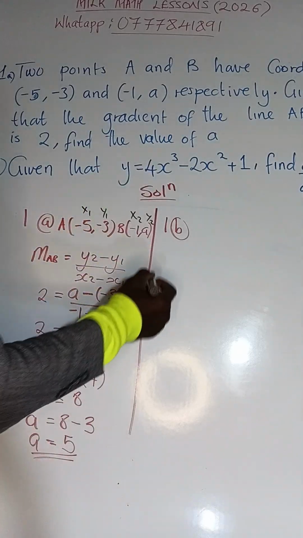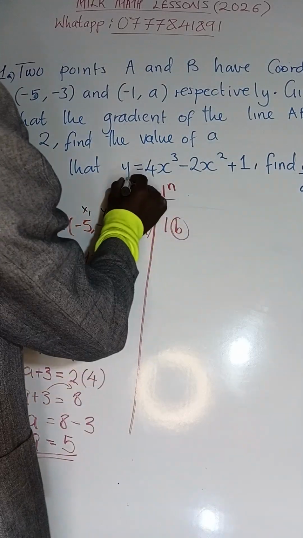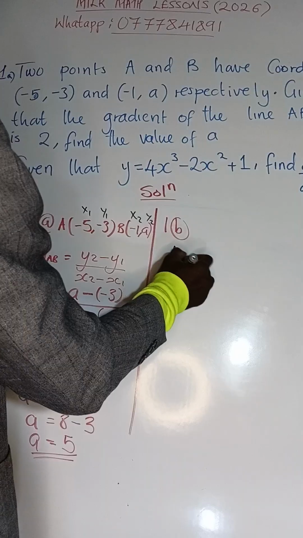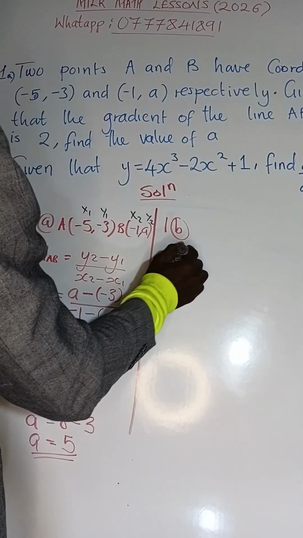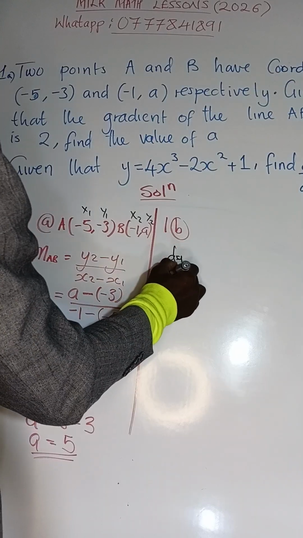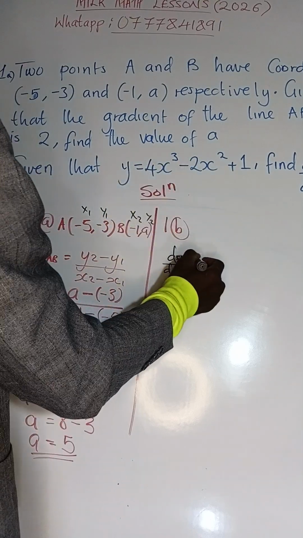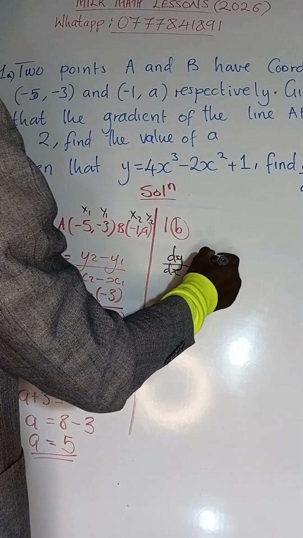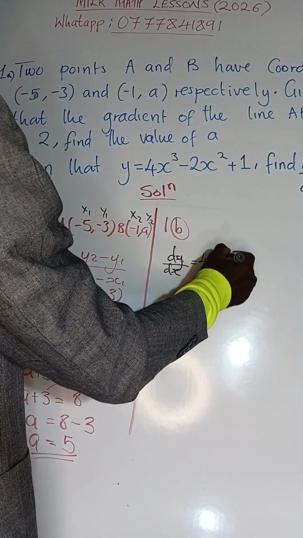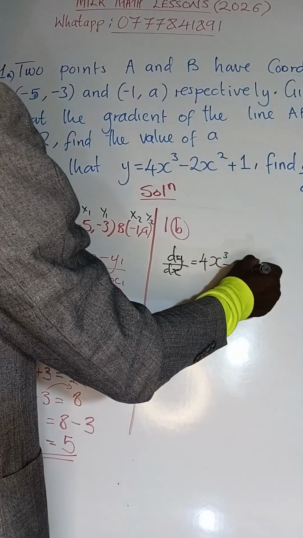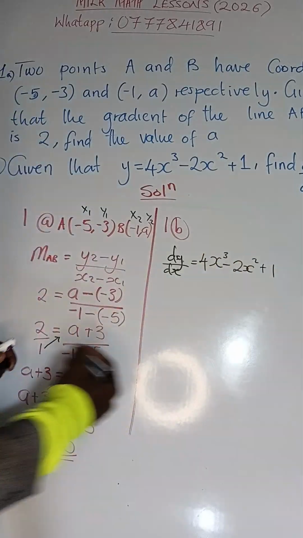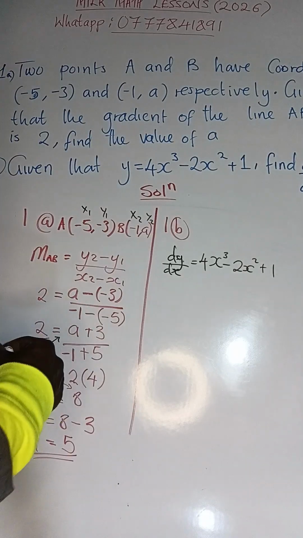So according to this, we have y, which represents this, equals 4x to the power 3 minus 2x to the power 2 plus 1. So what are we going to do?